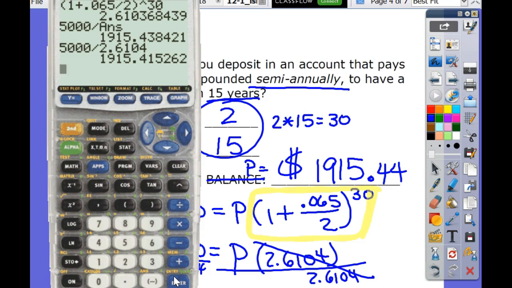And so we're not going to worry about small differences due to rounding. This is the more accurate answer, but if you typed it in for yourself and got 1915.42, I would not count that wrong.